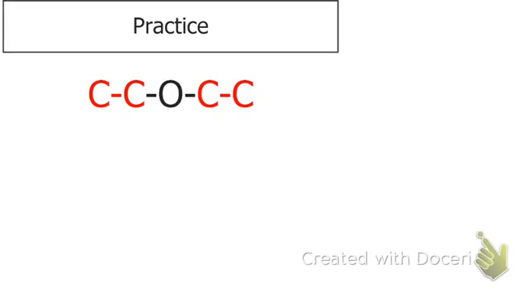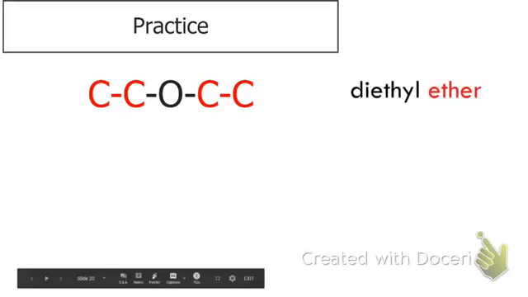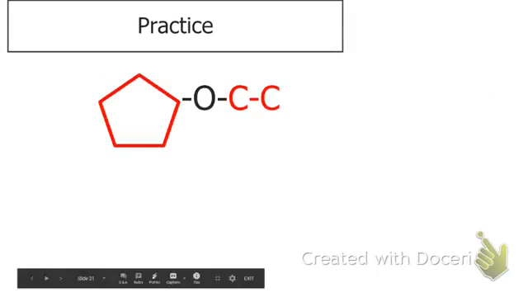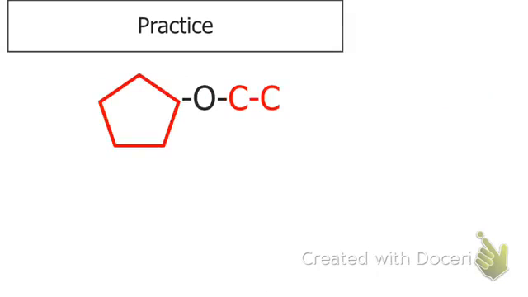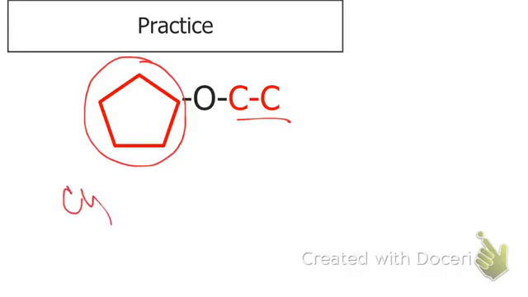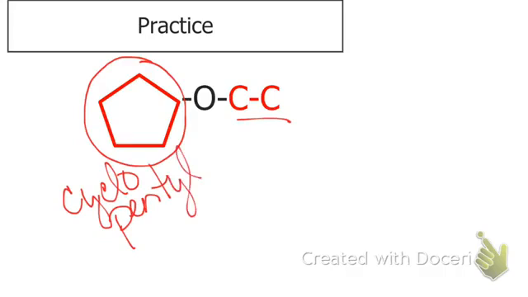What about this one? 2 ethyls, diethyl ether. If you're getting this right, you're doing just fine. Look at this one. Oh, wow. Okay. We know this is ethyl. This is cyclopropane, but it's a chain, pentyl.